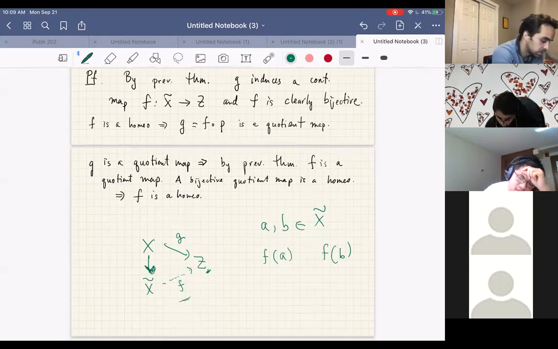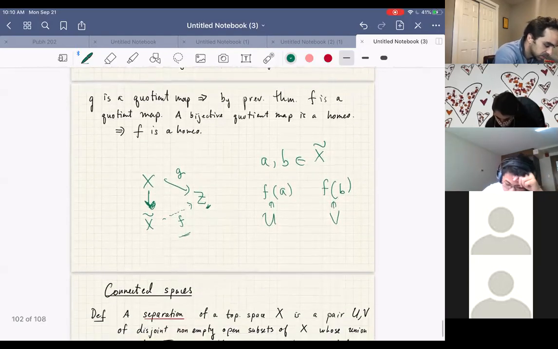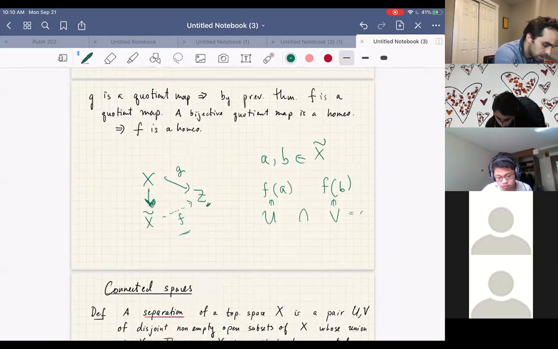So there are open sets U and V, open in Z, around them such that they're disjoint, right?